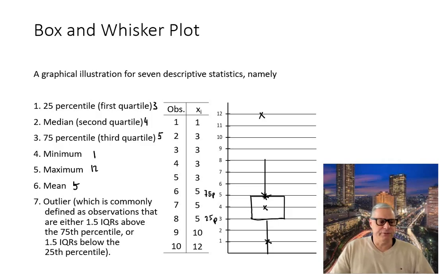We will do this later when we talk about some real world data in Excel. The good thing is Excel actually does have a box and whisker plot feature that we can use, and we will review that later when we go into some real world problem sets.